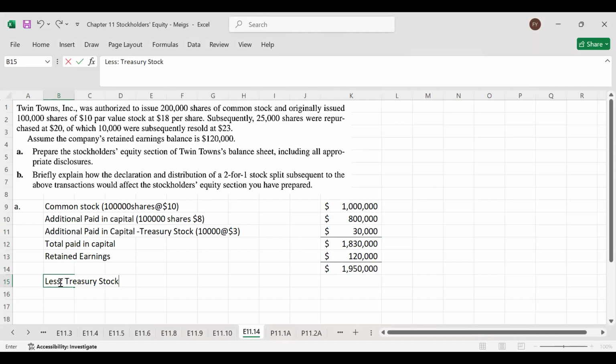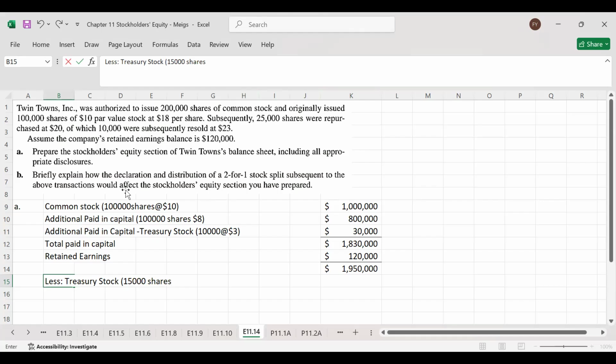Treasury stock is unsold stock, which is buyback stock. So the company repurchased a total of 25,000, but from this 25,000, the company reissued 10,000. So from 25,000, we will deduct 10,000, leaving 15,000 shares, and the value of one share is $20.